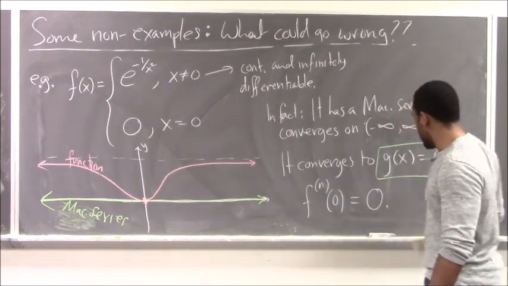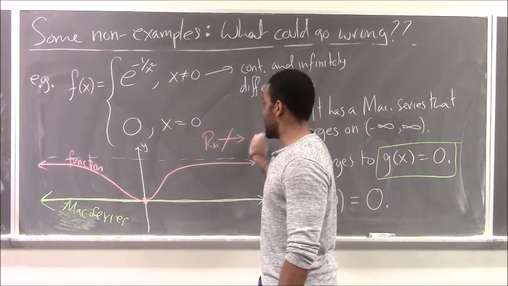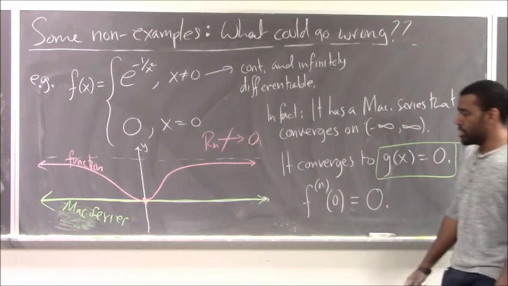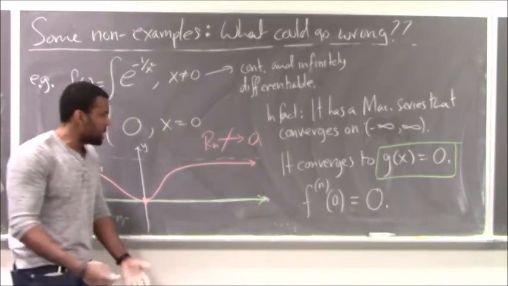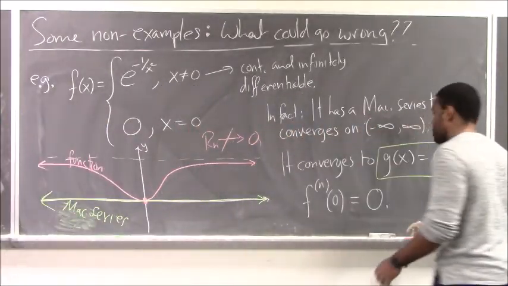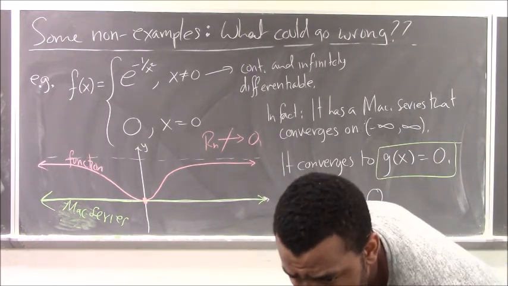What happens here is that the remainder term did not actually approach 0. So that was the issue here. So it's a nice function, but if you come up with a formula for the remainder term, you bound it by something, turns out that thing does not approach 0. So those are some non-examples.